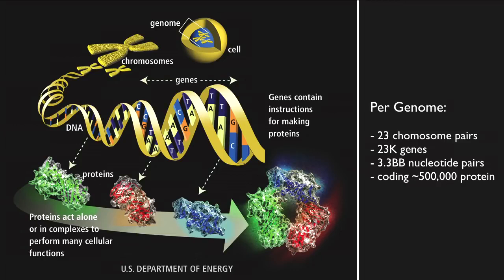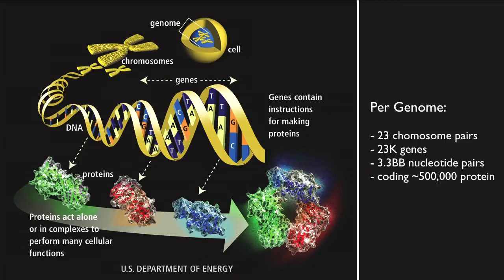Half of the pairs come from your mom, the other half comes from your dad, and every single cell in your body has a complete set of the genome to create a whole human being. Further, the chemical structure part of the genome is made up of nucleotides, 3.3 billion nucleotides, and they're represented on the screen behind me as finger-like structures protruding inward from the helical backbone as A's, C's, G's, and T's.